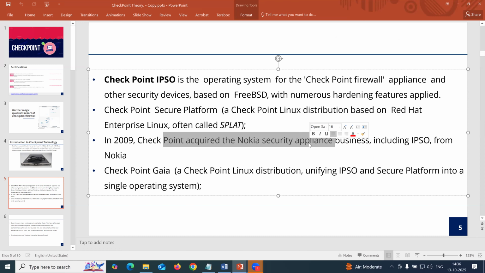Checkpoint acquired it. Now the copyright of the hardware was with Checkpoint. And after that, Checkpoint created a new operating system. And that new operating system was called Gaia. Take a note.